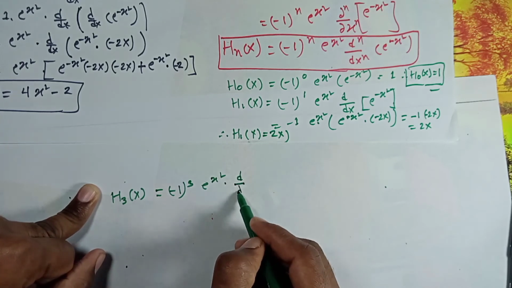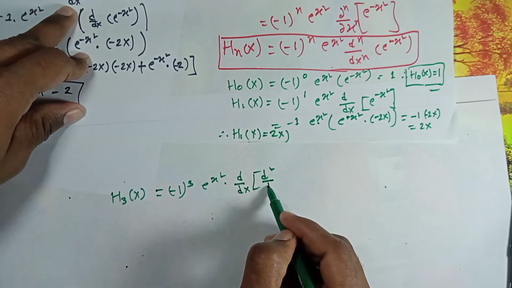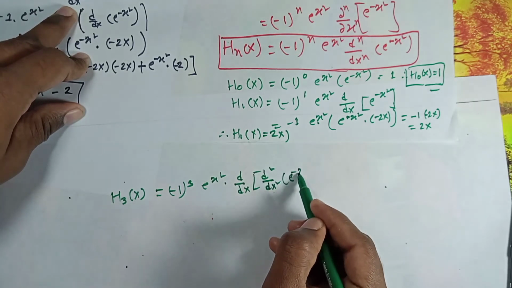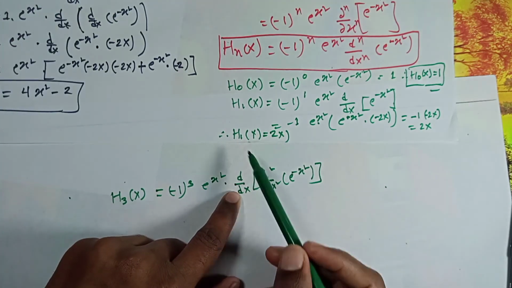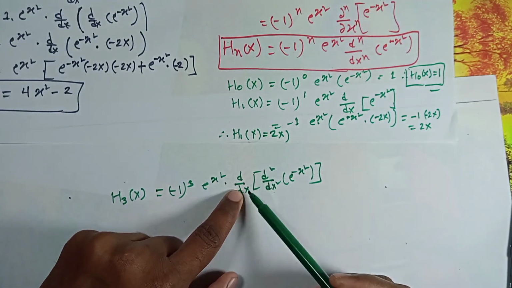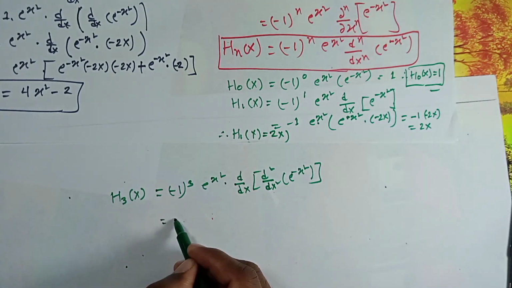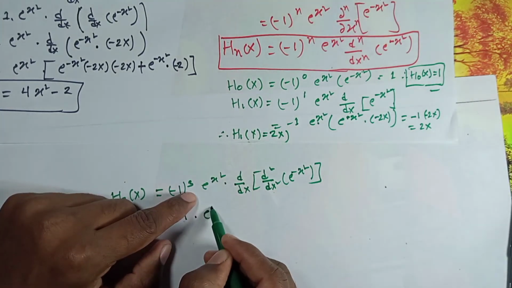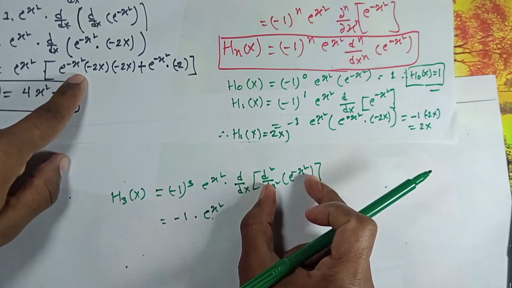d dx of d squared dx squared e to the power minus x squared. Okay, we can write this, that is d cube upon dx cube. Okay, that is minus 1 into e to the power x squared, that is in this term we get here.